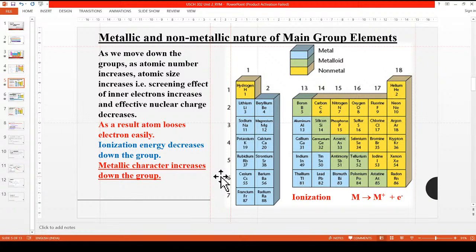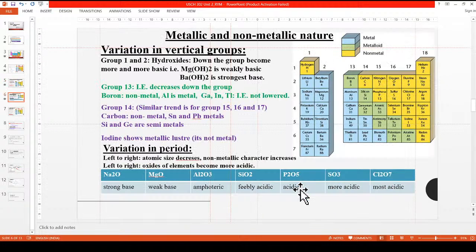As atomic size increases, effective nuclear charge decreases. As a result, the atom loses electrons easily. So as we move down the group from boron to thallium, metallic character increases.